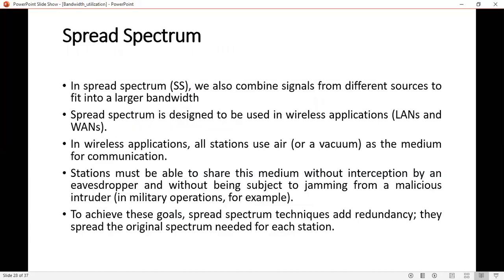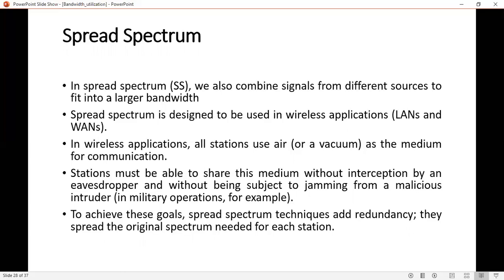Next is spread spectrum. In spread spectrum, we combine signals from different sources to fit into a larger bandwidth. Spread spectrum is designed to be used in wireless applications, where all stations use air as the medium for communication.